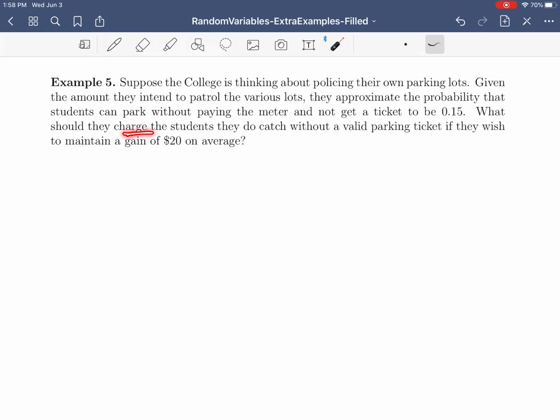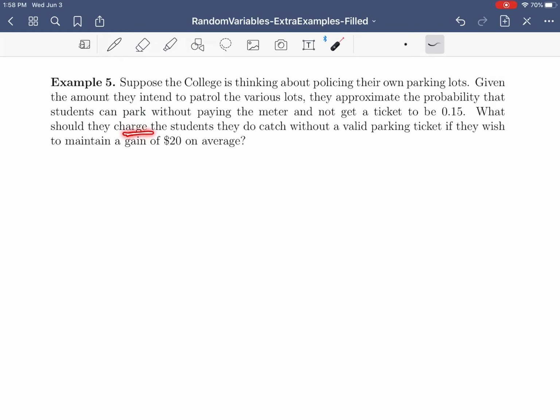Okay, so let's let x be the college's parking gains. Okay, so we're ignoring the people that pay. So this is for tickets only.